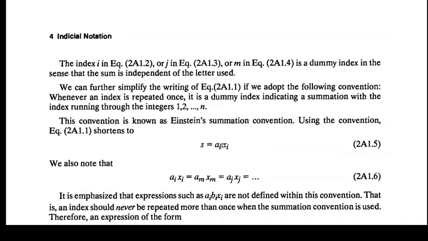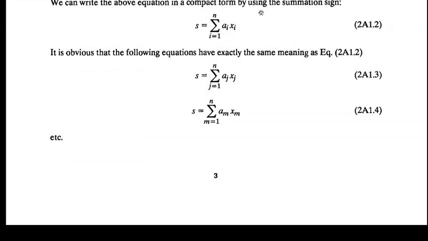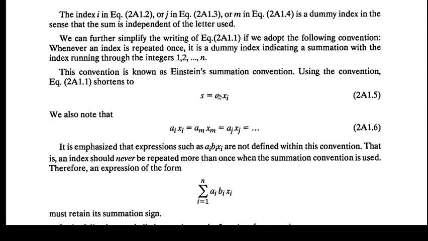In Einstein summation convention we drop the summation sign. Instead of writing this in this way, we simply write s is equal to ai xi with the help of Einstein summation convention. If there is a summation and a dummy index, then you can drop the summation sign.